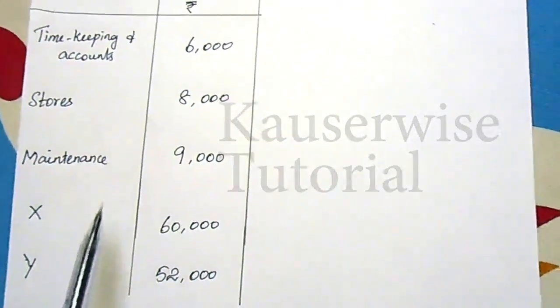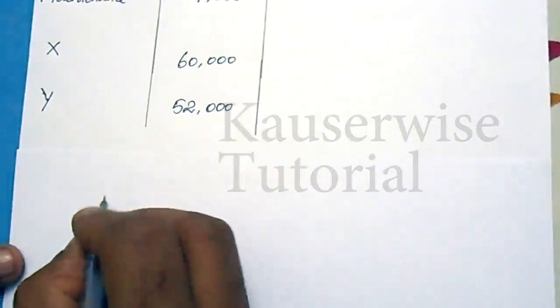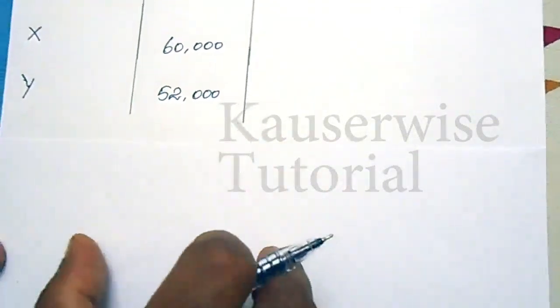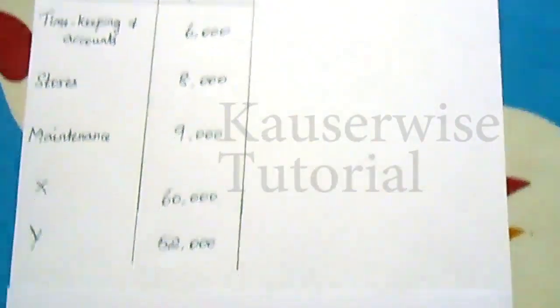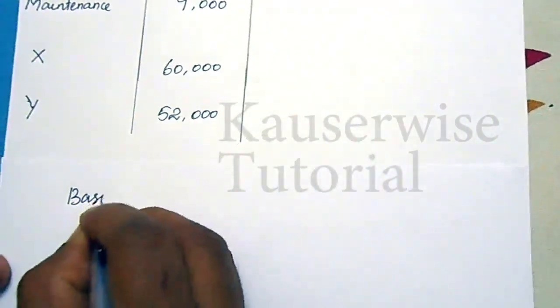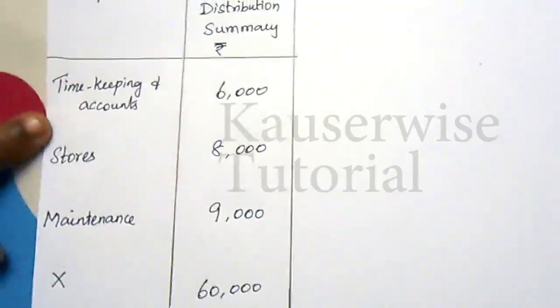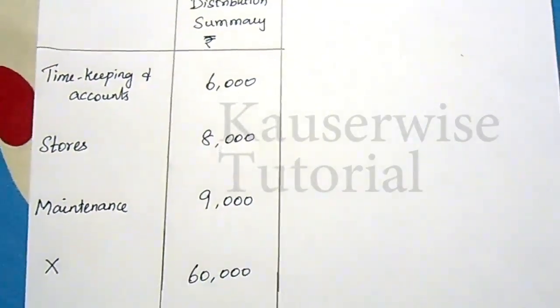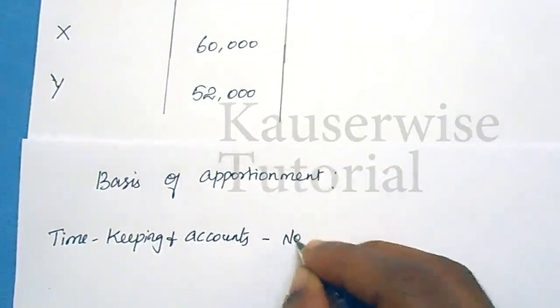After writing the sequence of apportionment, the second step is you need to write the basis of apportionment. So on what basis you are going to divide this amount to various departments. It's called the basis of apportionment. The first department is timekeeping and accounts. For that you have to take number of employees.